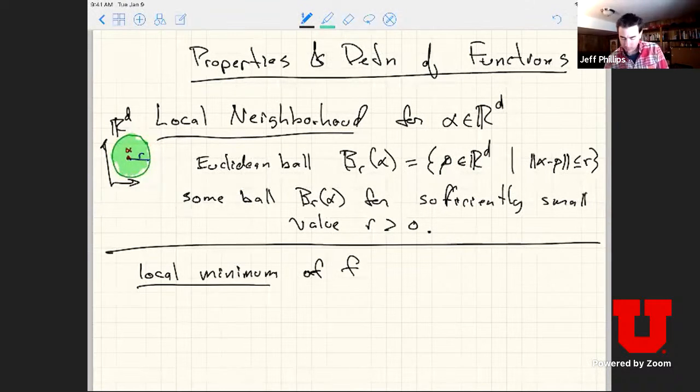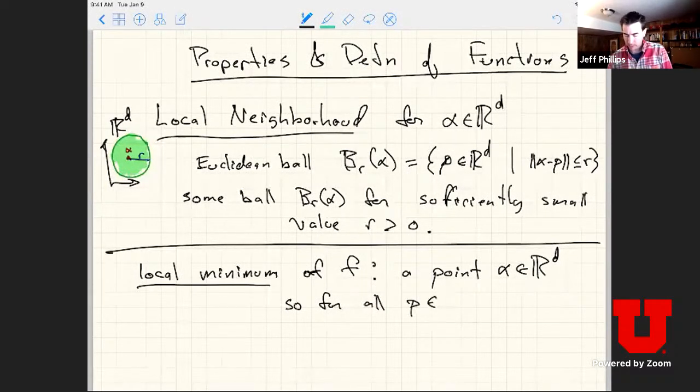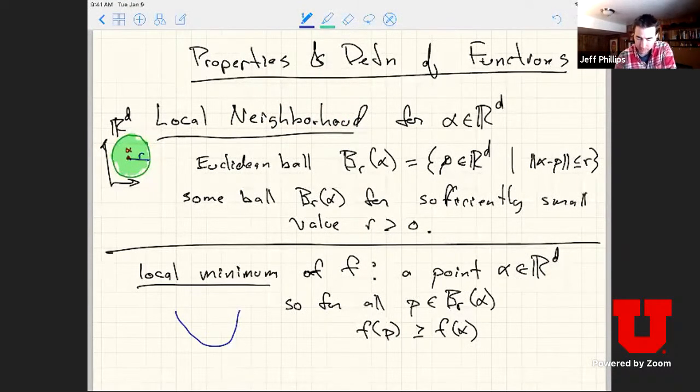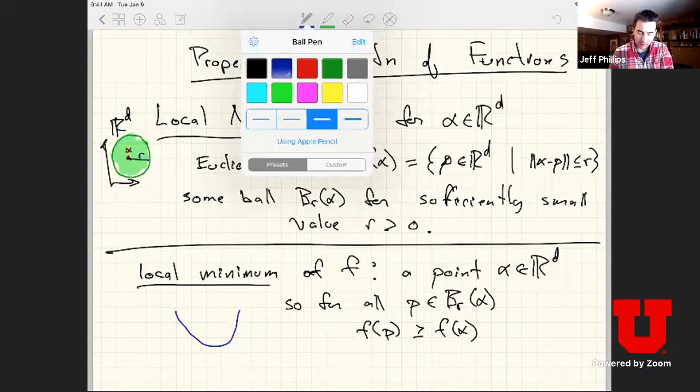Of f, and this is a point alpha in Rd. So for all P in some local neighborhood, f of P is going to be greater or equal to f of alpha. Okay, so we can think of some function in just d equal one-dimensional here.